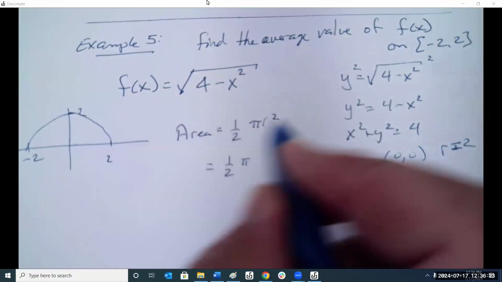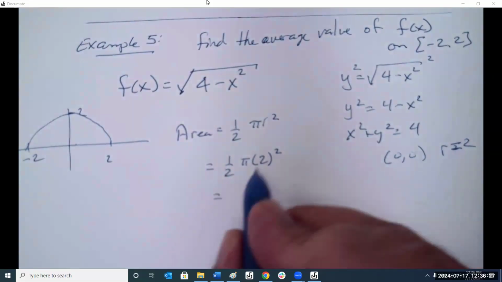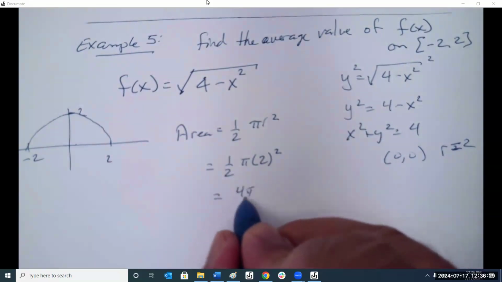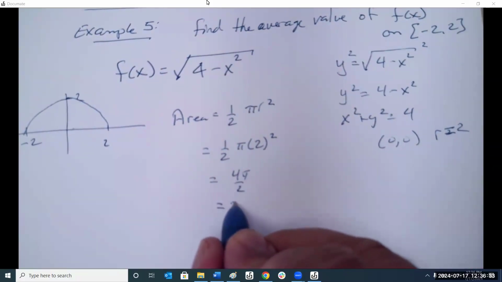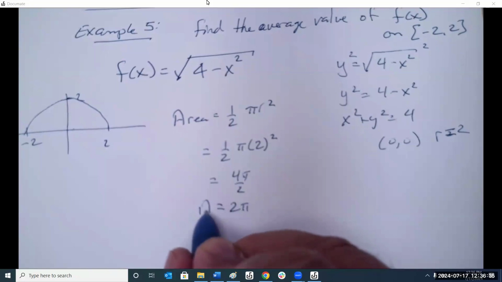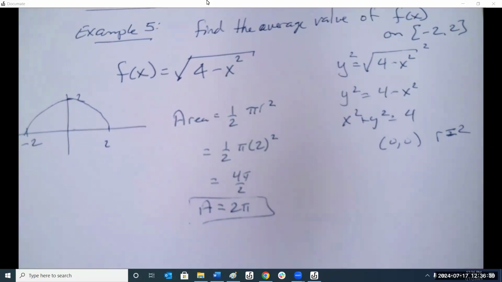The radius is 2. So it's 4 pi over 2, which makes it 2 pi. That's going to be the area. Let's see what else we can find.